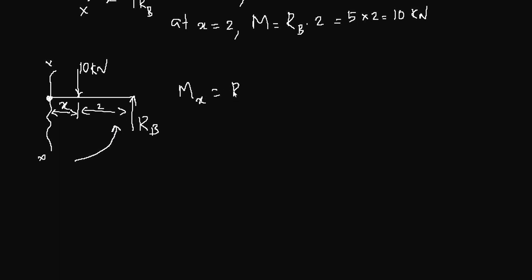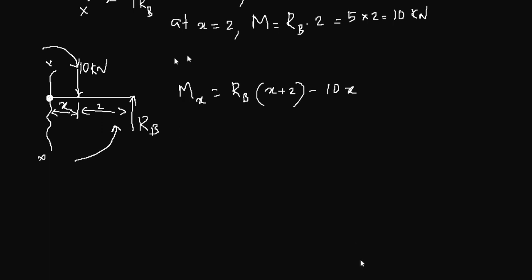So that is RB times the total distance from this point, x plus 2, so RB times (x plus 2), minus 10x, because this is creating a clockwise moment about the section. So this is a clockwise moment, and the other is an anticlockwise moment.